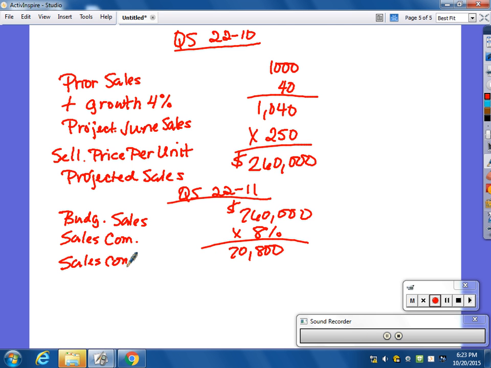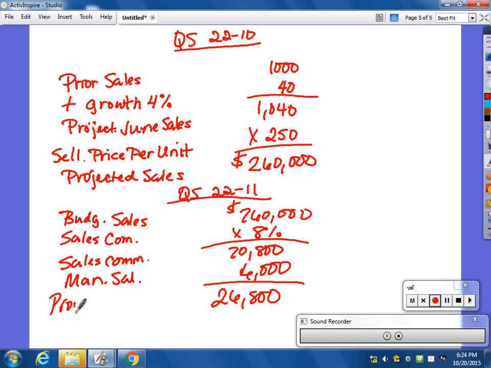Manager's salary, which is how much? 6,000. Do I add this? Yes. Which equals what? 26,800, and this is called the projected selling expense.